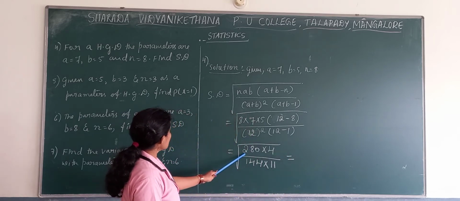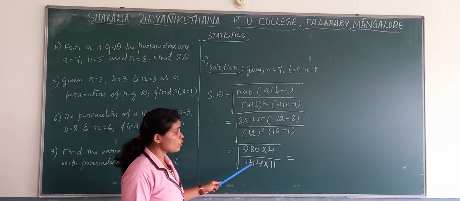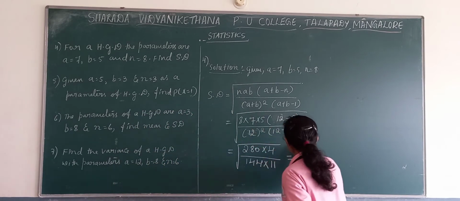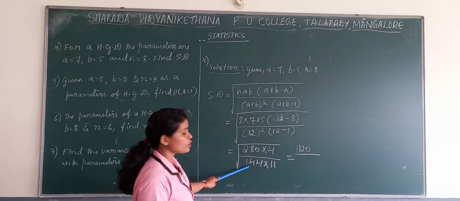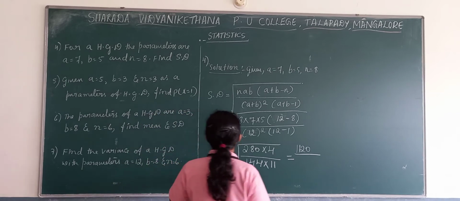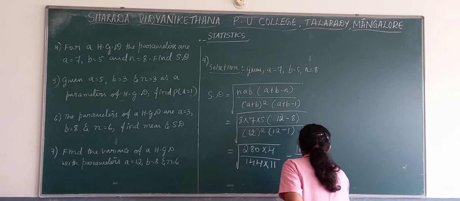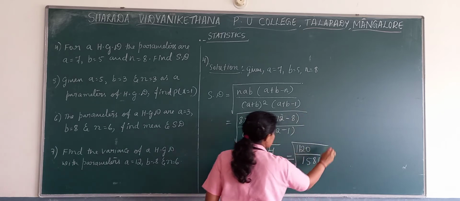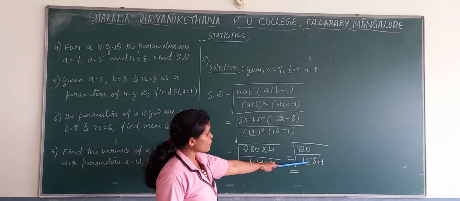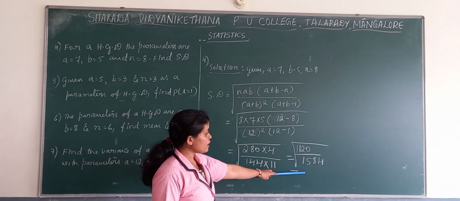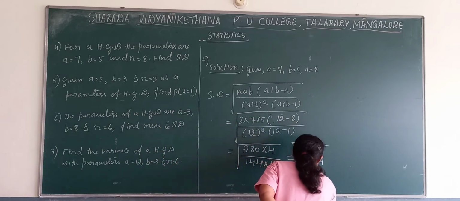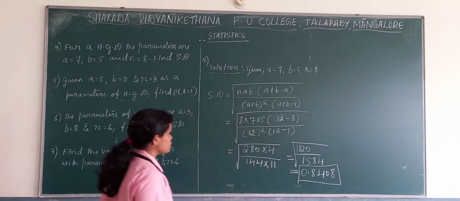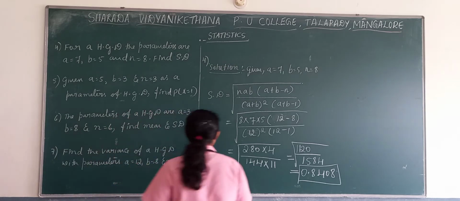Now 280 into 4 we get 1120, divided by 144 into 11, that we get 1584. Then take the root. Now divide 1120 by 1584 and take the root. When we take the root, we get 0.8408. 0.8408 is the value of the standard deviation.